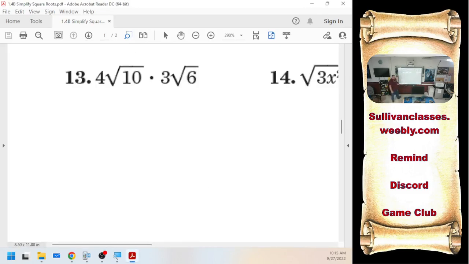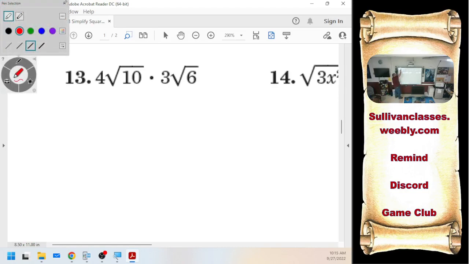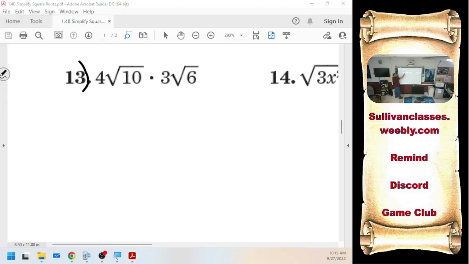Oh no, there's numbers inside and outside. Who's outside of radical jail can party. Who's inside radical jail can party. Also, that's number 13. That's not 13.4.